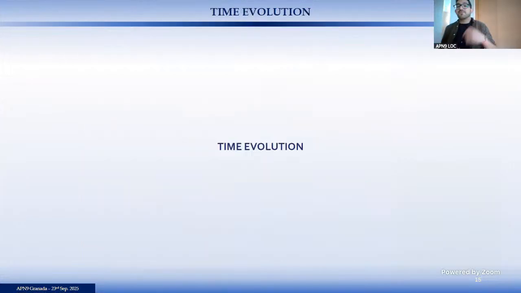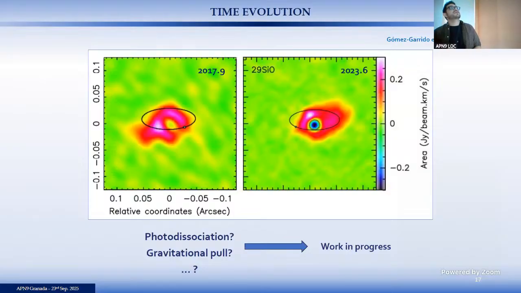Okay, and if we have maps obtained in different epochs, we can compare them. So let me show you an example. In these two maps, you can see the brightness distribution of 29SiO obtained in 2018 and 2023.